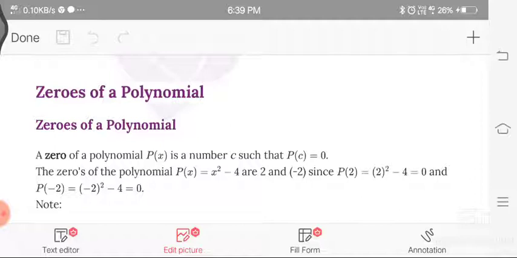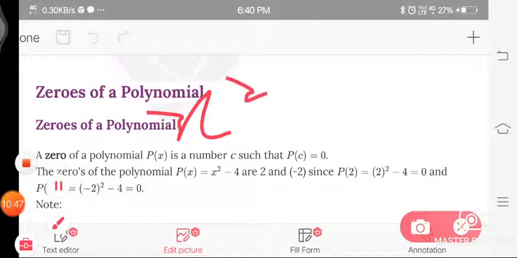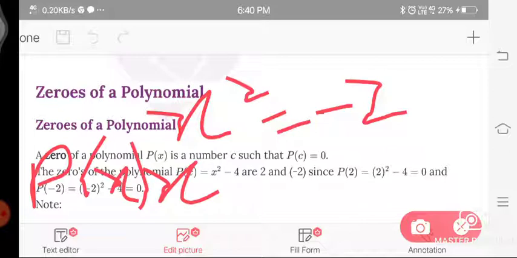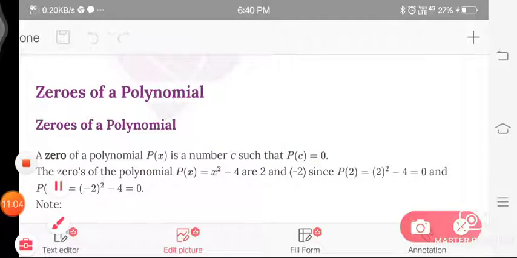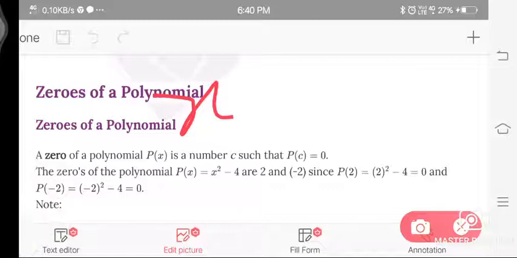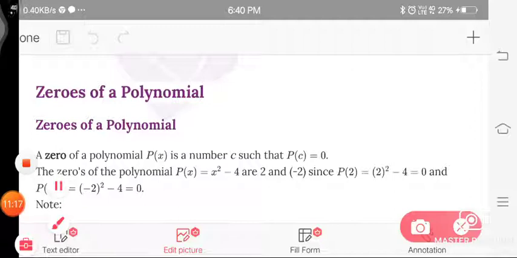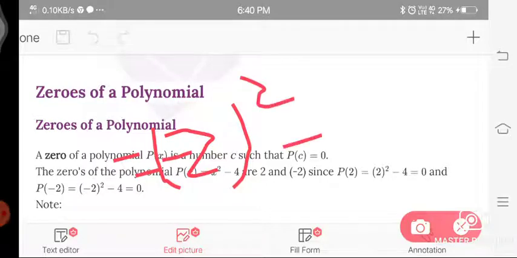If we put x is equal to minus 2 here, then p(x) is x square minus 4, which is minus 2 square minus 4.